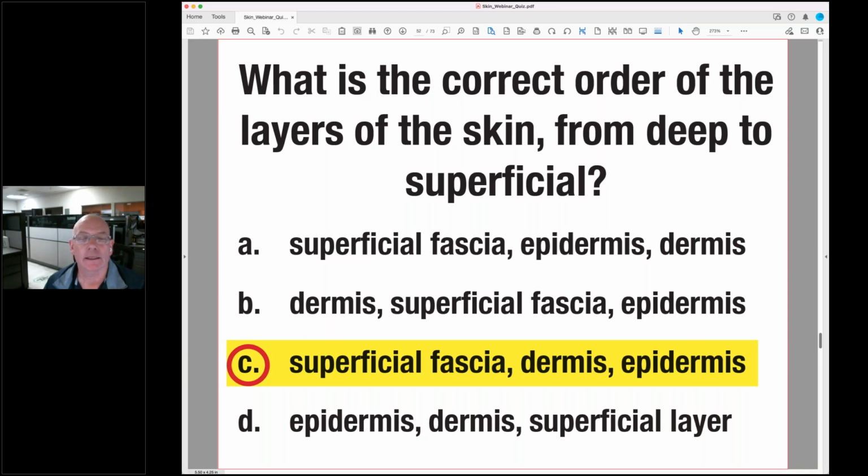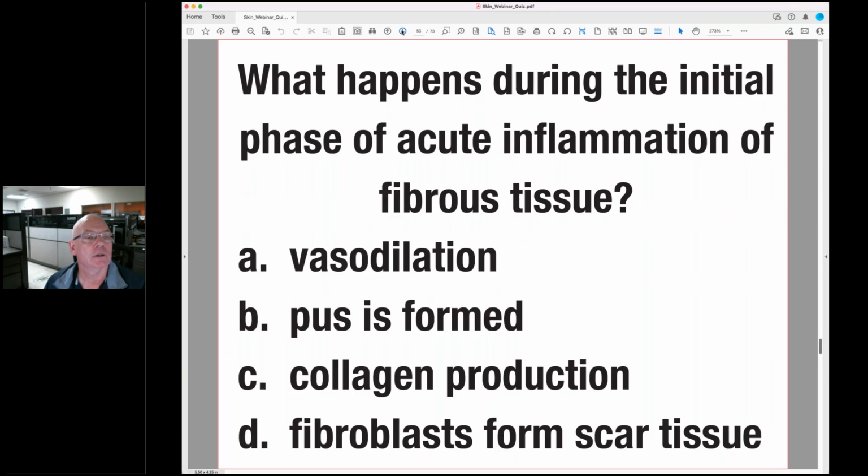Next question. What happens during the initial phase of acute inflammation of fibrous tissue?